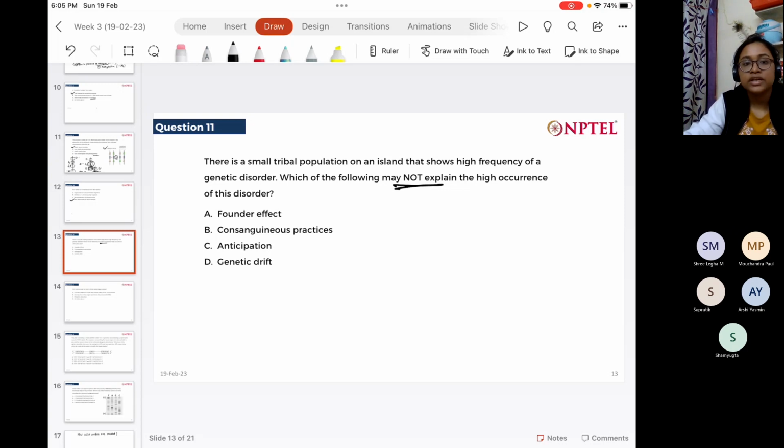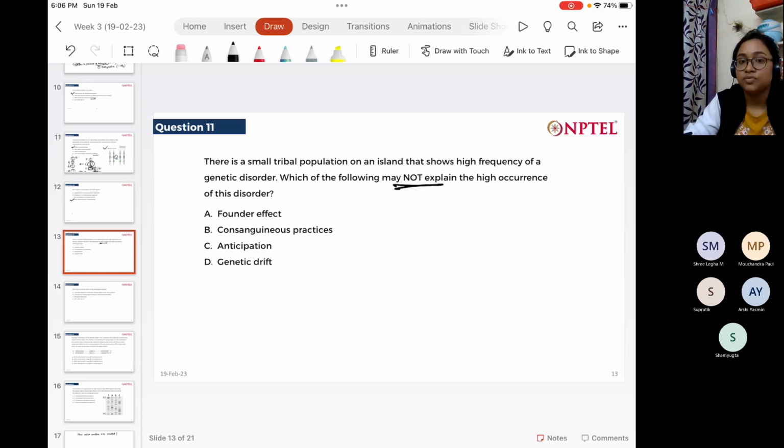So due to genetic drift as well, that mutant allele has come into that population on that island, and they're marrying and all. So the children are having this particular disorder because of homozygosity of that recessive mutant allele. Genetic drift can explain this particular disorder.